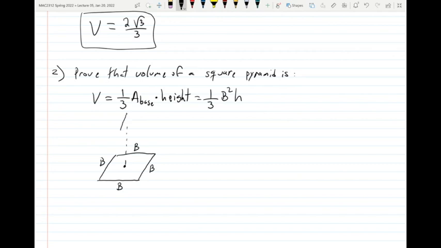And then we have our pyramid here. So it's a pyramid with a square base, and by B squared, I mean the area of the base, because it's a square. The area of the square is side squared, right? And h is the height of the pyramid. This is h. Okay? All right, so let's do this.